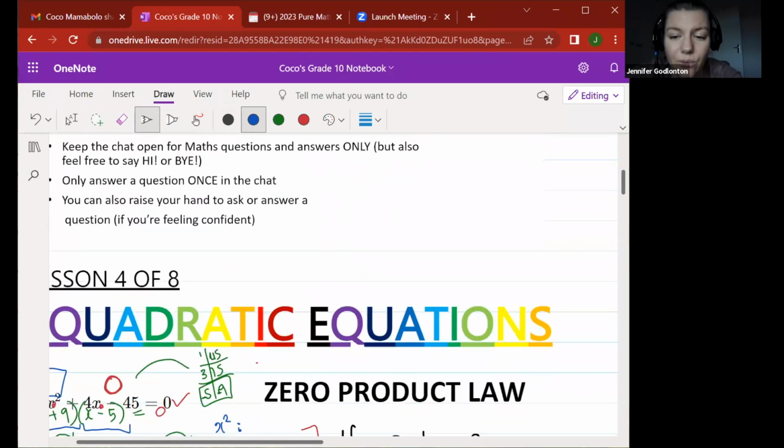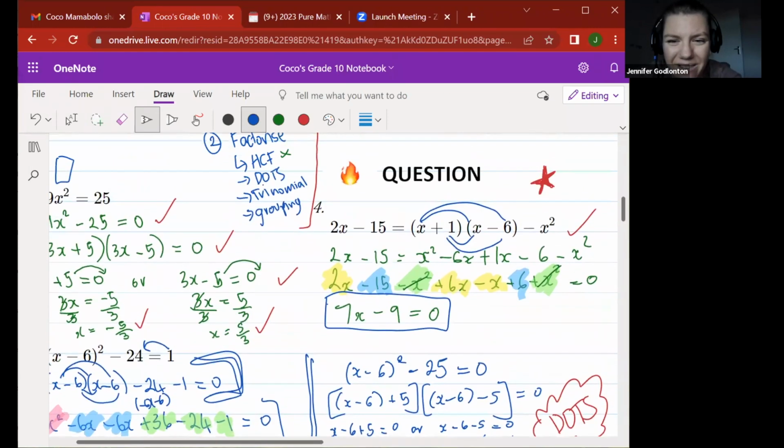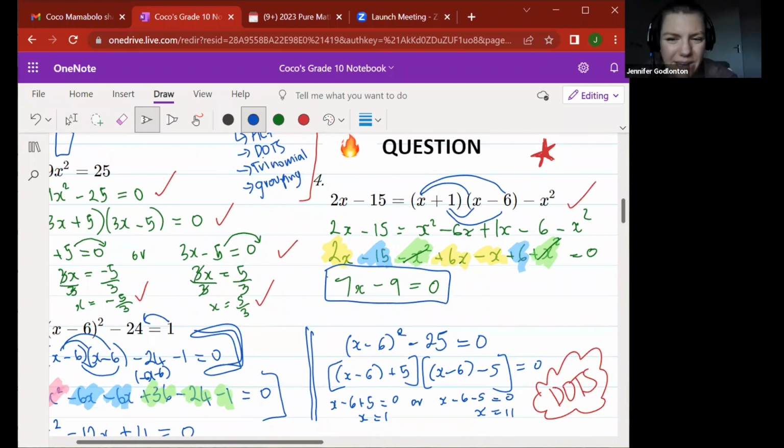Now if we're looking over here, we don't have an x squared. We just have 7x minus 9. There's no x squared. There's just an x. So this is just a linear equation. It's just a normal equation, like an equation we've been doing since grade 8. But because we're doing it in grade 10 and we've been working with quadratic equations, our brain is telling us, oh, there must be 2 answers.